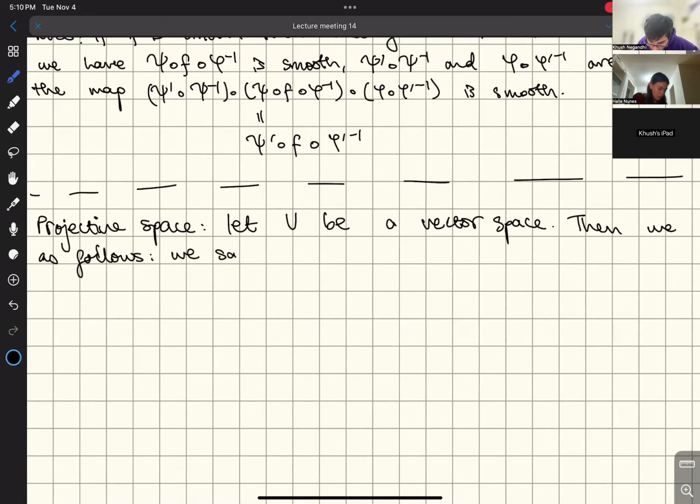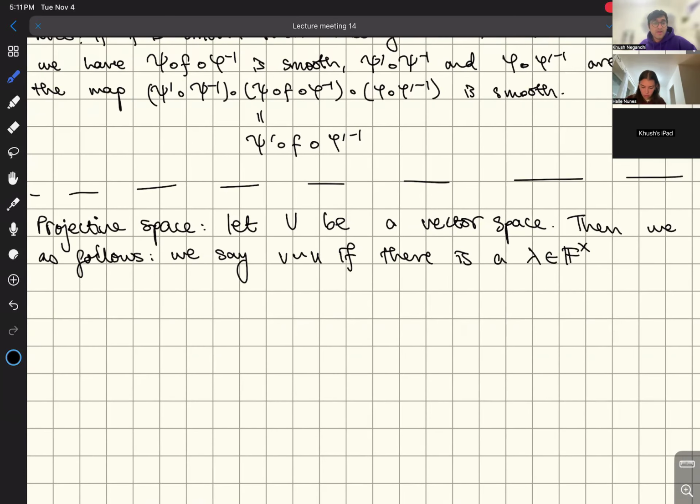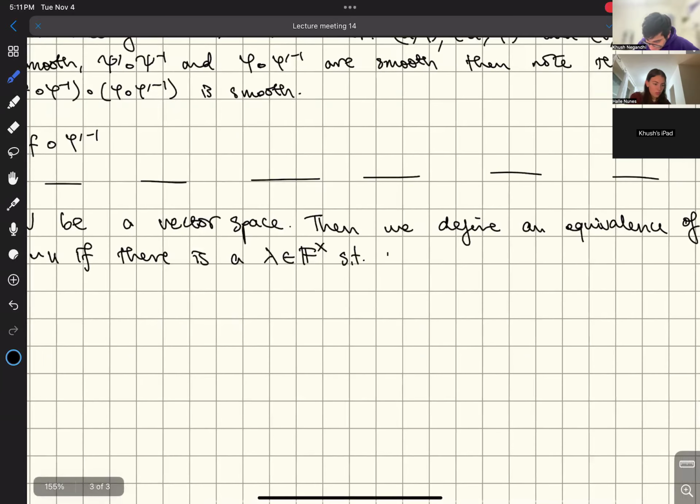We say V is equivalent to U if there is a non-zero scalar lambda such that V equals lambda U. Okay.